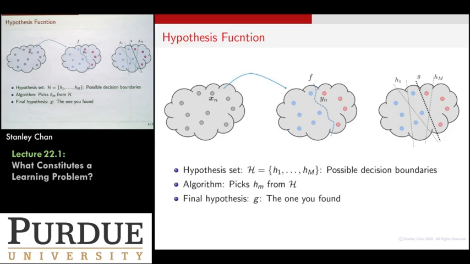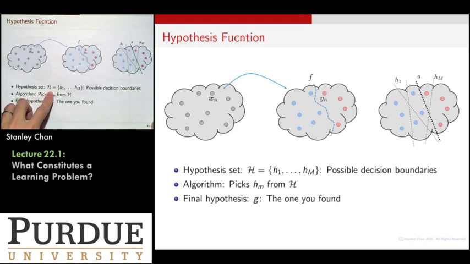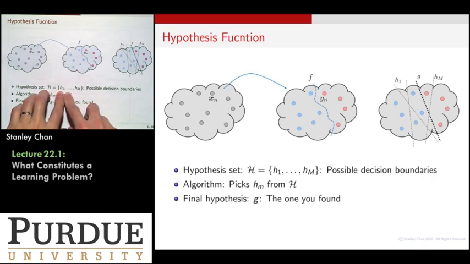Now, let's also define a term called the hypothesis set. This is a set that contains all the possible decision rules that you are going to employ. This set can be finite or infinite. If you think about a linear classifier, you have two parameters, but you have infinitely many choices of these two parameters.